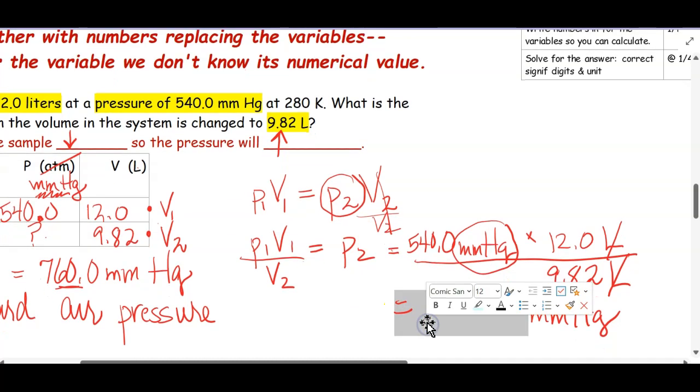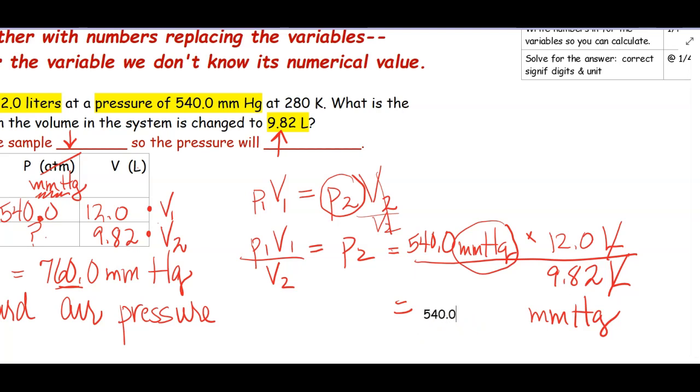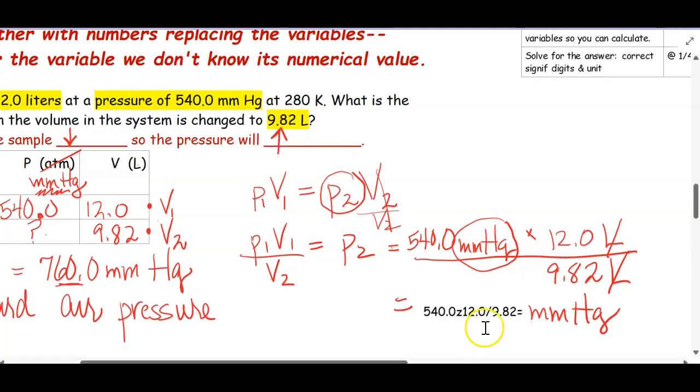All right, so right here, let's put 540 and multiply it by 12.0 and then divide by 9.82 equals. 9.82.